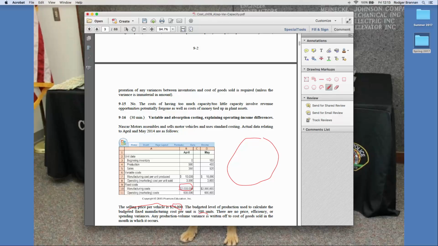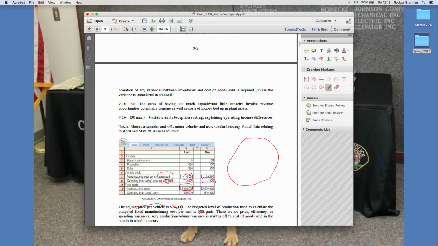My variable manufacturing overhead costs are $10,000, and that's fixed per unit each month. Likewise, each month I'm going to have $3,000 of marketing costs. Now, keep in mind, manufacturing is a function of what's produced. Marketing is a function of what is sold.